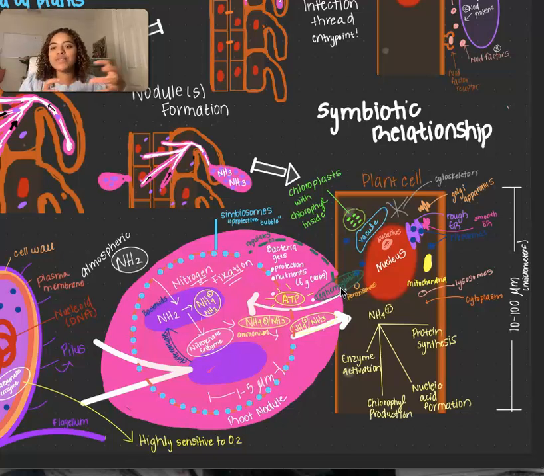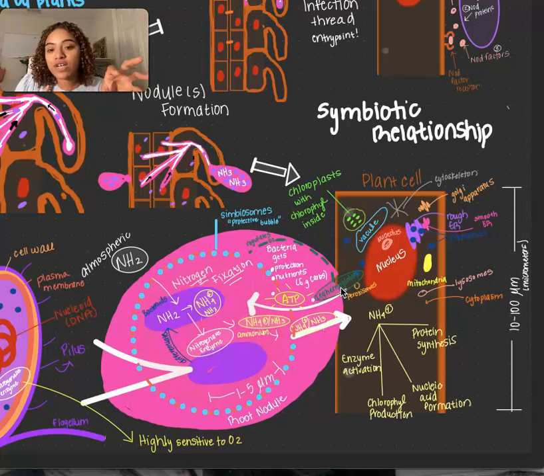The bacteria, as soon as they go back into the nodule, are called symbiosomes, and then they differentiate into bacteroids, which are the bacteria that actually can do the process of nitrogen fixation, which I'm going to explain now. So they differentiate into bacteroids, so they're ready to go. But the bacteria are really sensitive to oxygen.